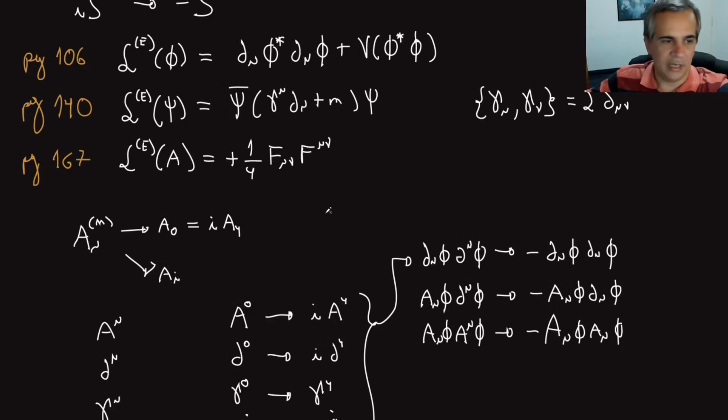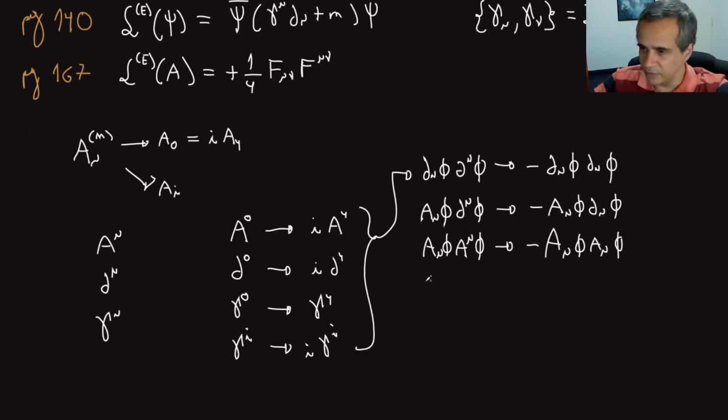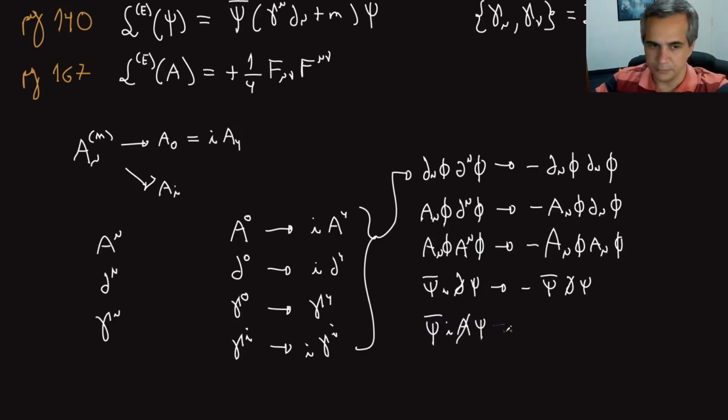In the case of the fermions, psi bar i del slash psi changes into psi bar del slash psi. Now everything is Euclidean. And psi bar i A slash psi will also, just look at this part and this one, change in the same way, but Euclidean now.